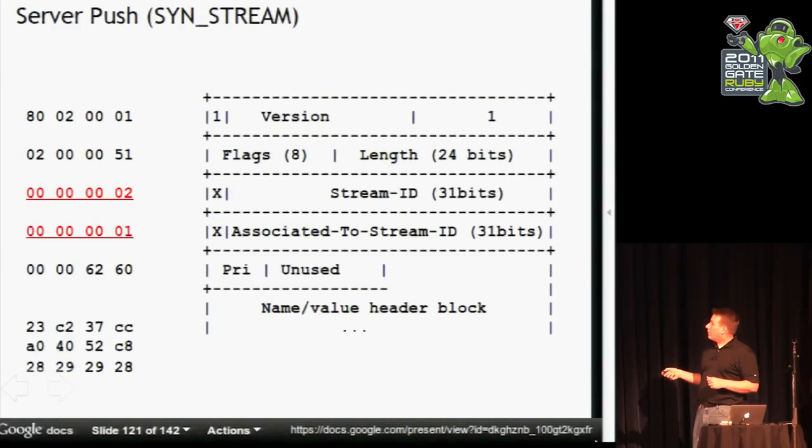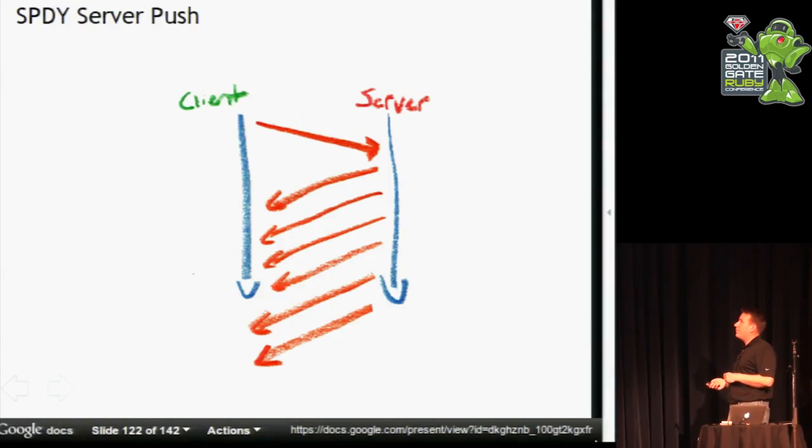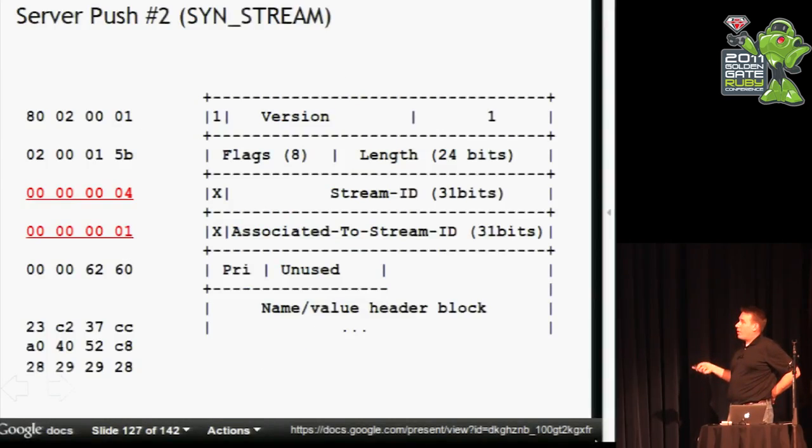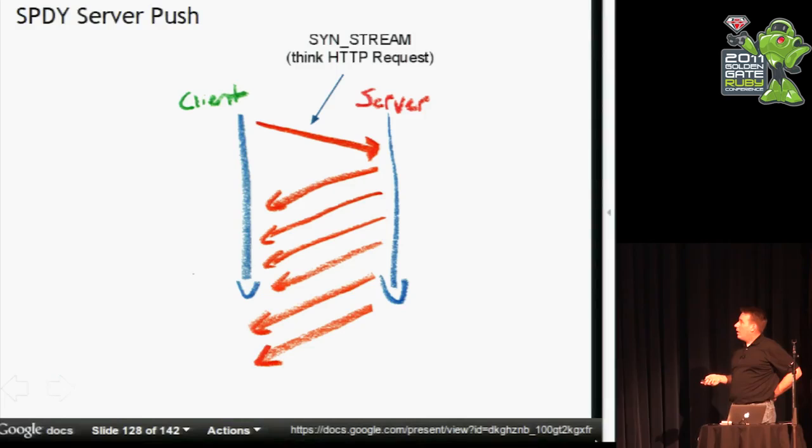But then, to actually do the server push, we create a new stream with a stream ID of 2 that's going out from the server, but we associate it with that original request. And that's how SPDY is able to do that server push. And then we do another request where now it's stream ID of 4, but we're still associated with number 1.